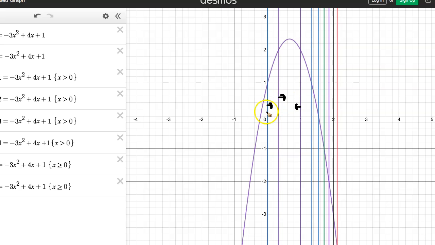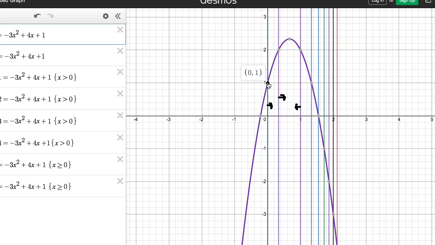I've got my one positive guy that I don't count here at the 0. And I've got my one positive guy that I do count here where x equals, what does it equal here? Let me label my stuff, just to make our life quick. Where y is 2, check.